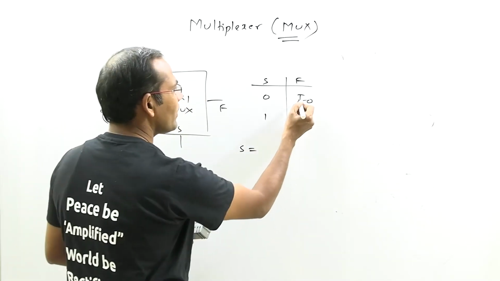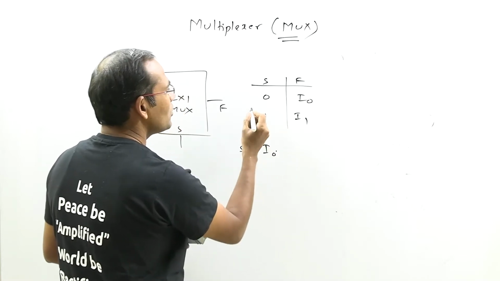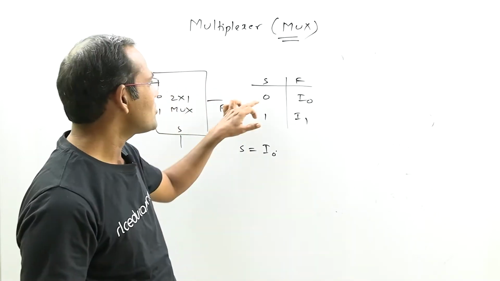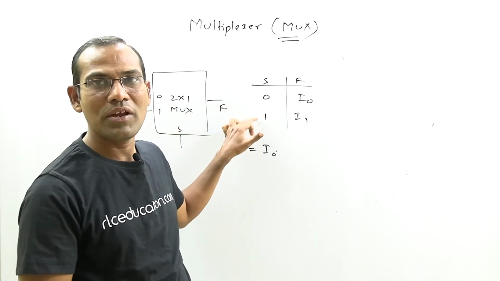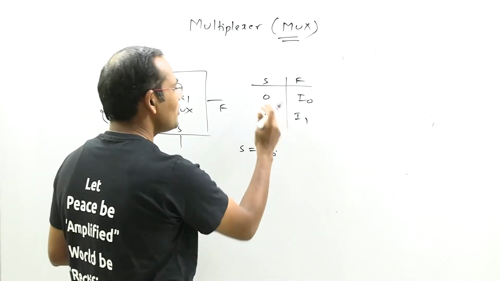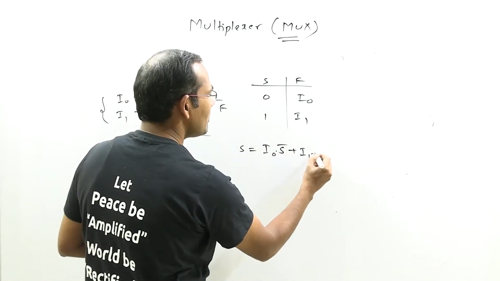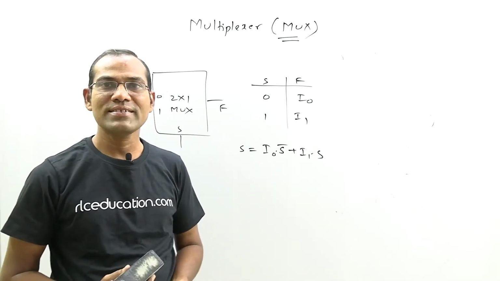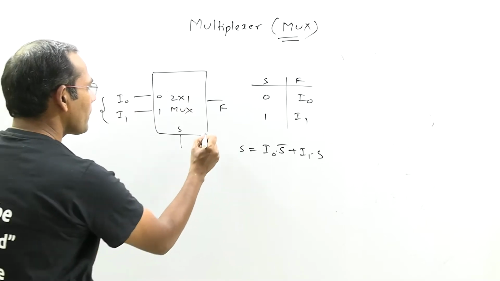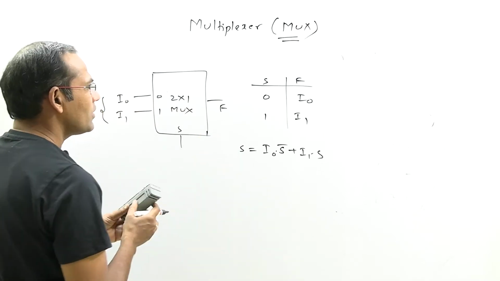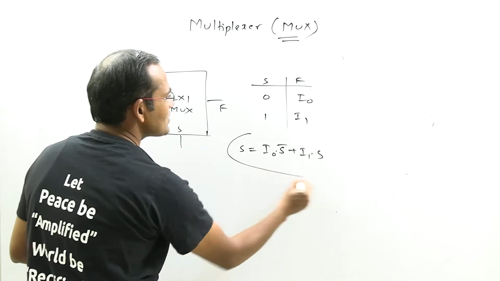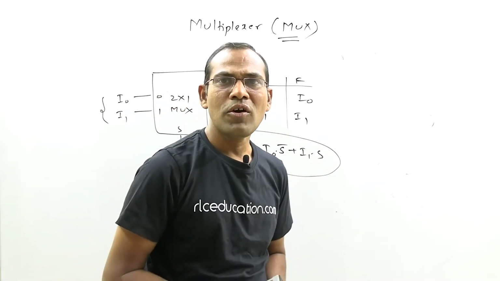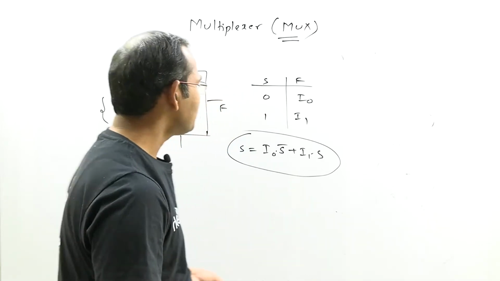So here I0 into, now we have to write the one-variable min term, so 0 means S bar, 1 means S. So I0 into S bar plus I1 into S. That's the expression for a 2x1 multiplexer. Remember this one. Now we'll see some problems based on this.